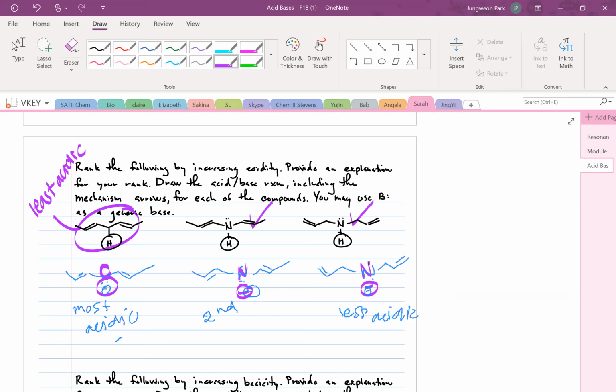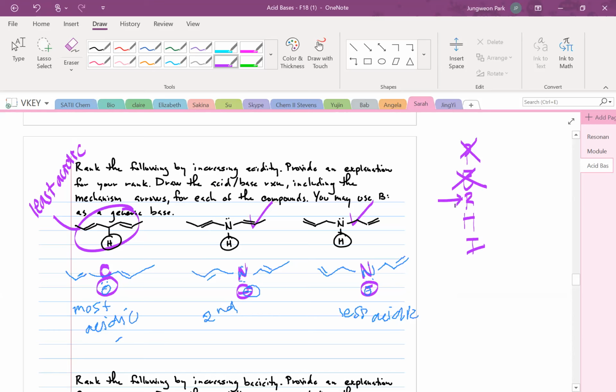So if that's the case, the second and the third molecules are going to be more acidic, because both of them are nitrogen, and nitrogens are both electronegative, right? So electronegativity kind of equals out. Polarizability would also equal out, because we definitely know that one side is going to be negative, one side positive.